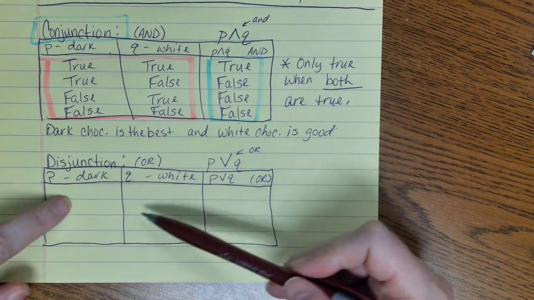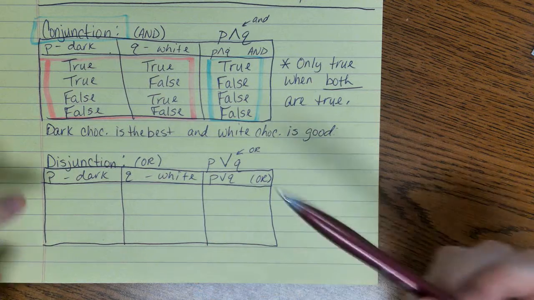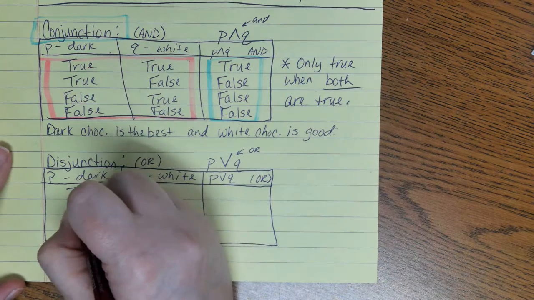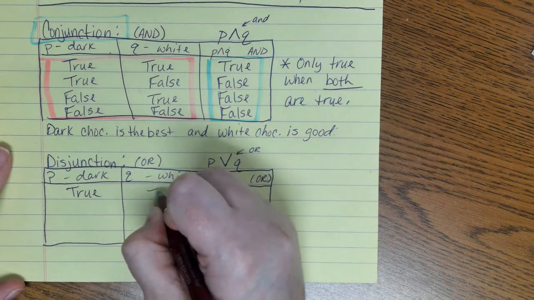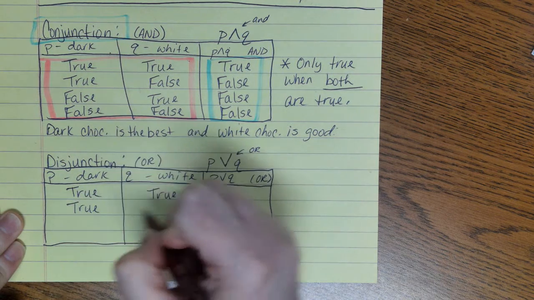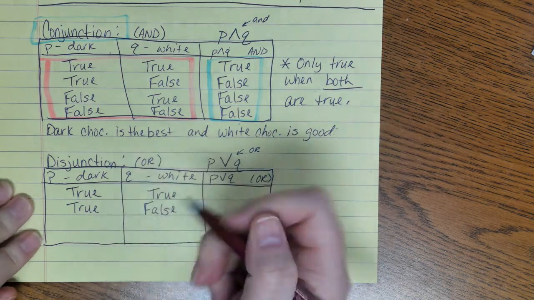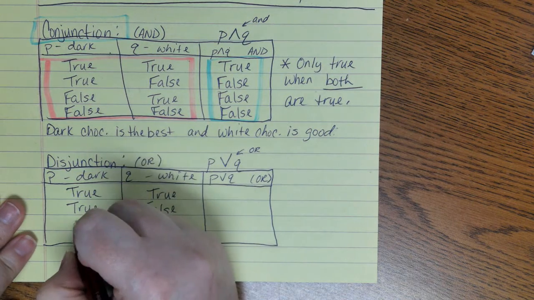All right, what goes here? True, true, true, false, false, true, false, false. Yeah, same scenarios. Because no matter what P and Q are, these are the only things that can be, there's no other options. They're both true, just one's true, or neither is true.